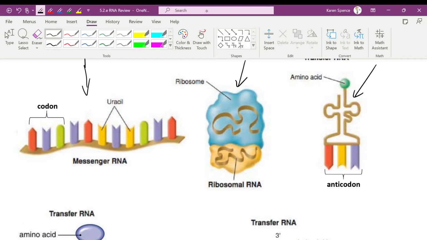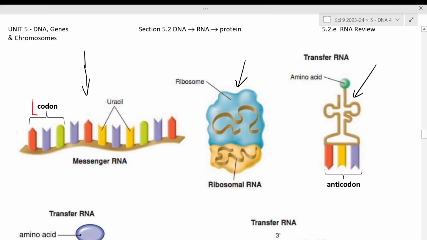You'll notice that we have the words codon and anticodon. Where do we find a codon? What molecule has a codon?